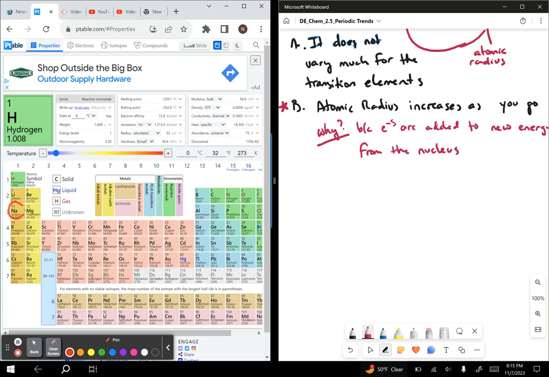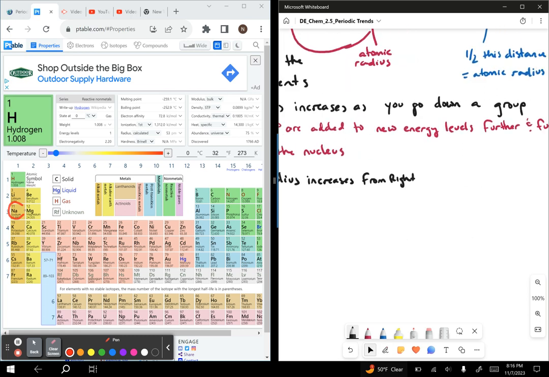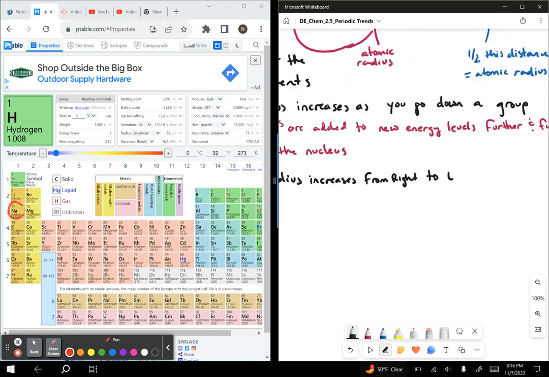First let's write this down. Also, atomic radius increases from right to left.